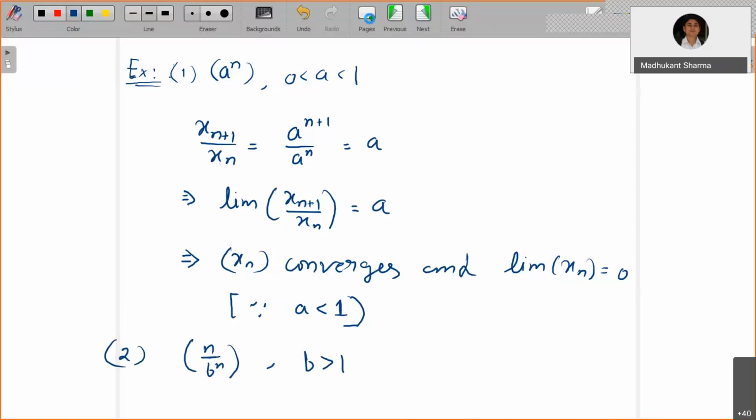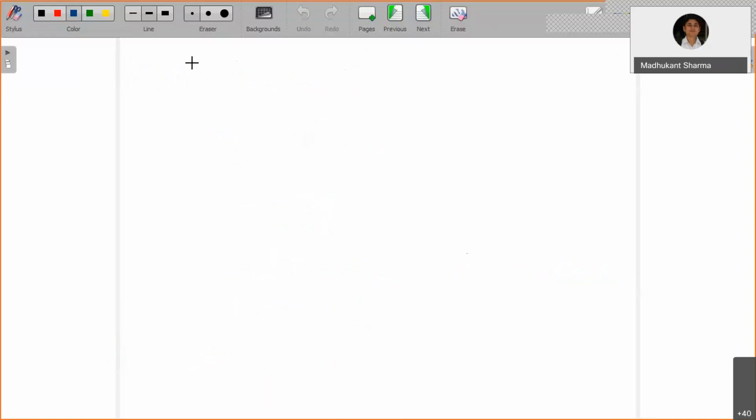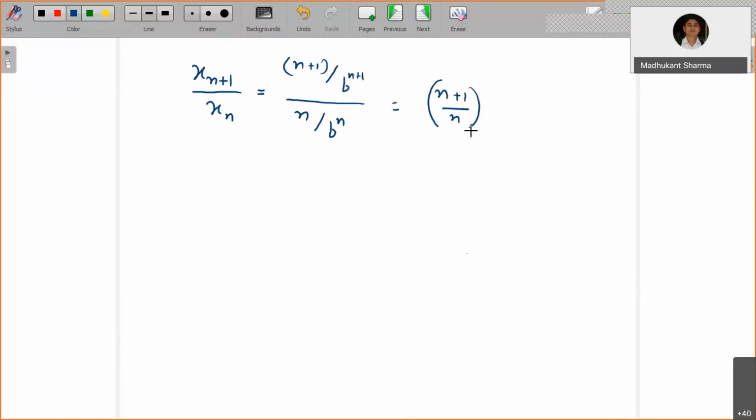So we are going to compare the ratio of the future value and present value. That is xn plus 1, n plus 1 divided by b to the power n plus 1, divided by n by b to the power n. So what it will be: n plus 1 by n times 1 by b.